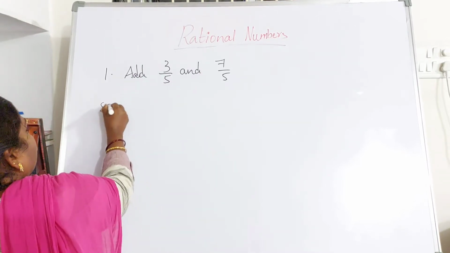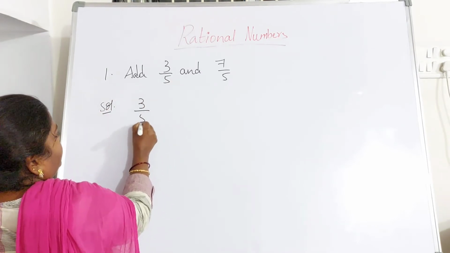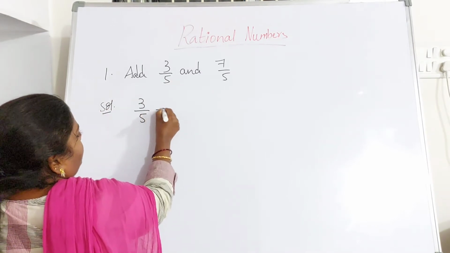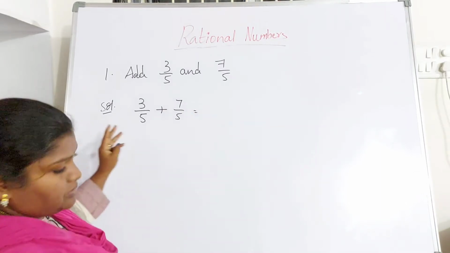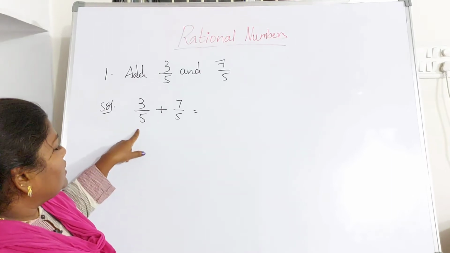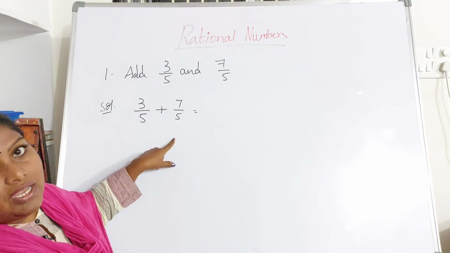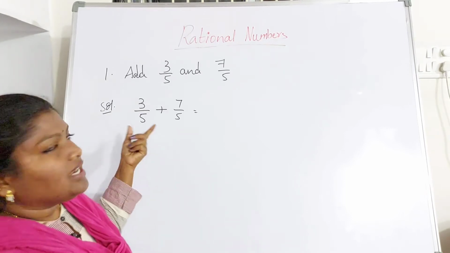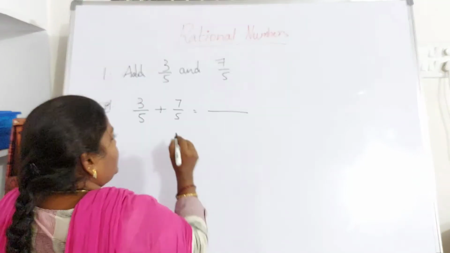Addition means we need to keep a plus sign in between, that is 3 by 5 plus 7 by 5. First you have to observe whether the denominators are the same or not. Here the denominators of the two fractions are the same, that means both are like fractions. If it is a like fraction, the process of addition will be very easy.